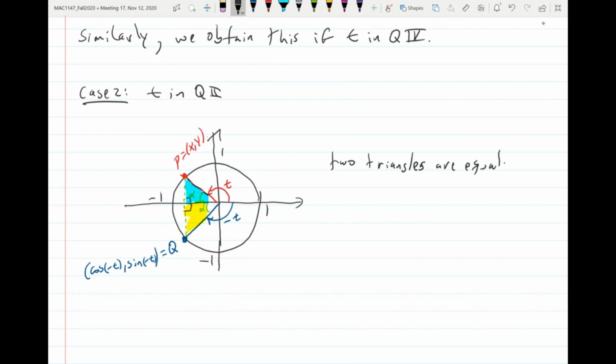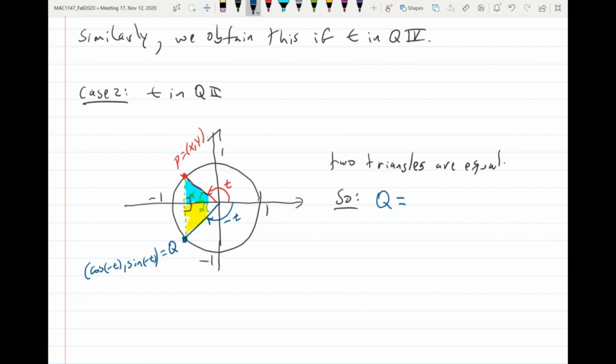And because the two triangles are equal, then we can say something about the coordinates of Q. Who can tell me what's the coordinate of Q, using the coordinates of P? Using x and y, what would be the coordinates of Q in this case, since these two triangles are equal? Let's see, will x be the same for both P and Q?